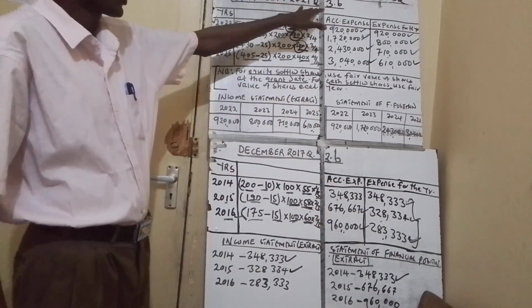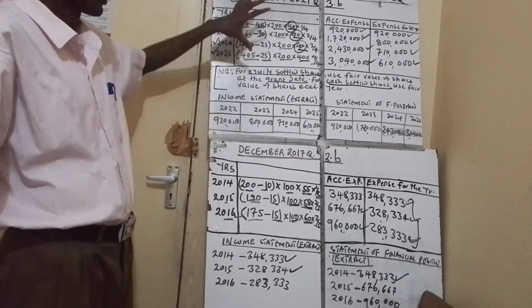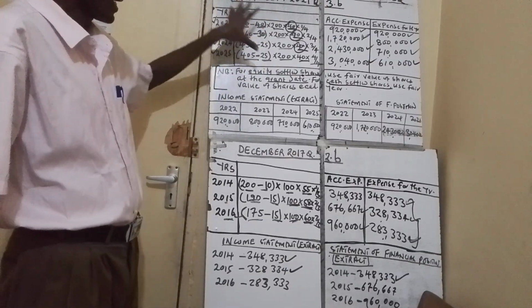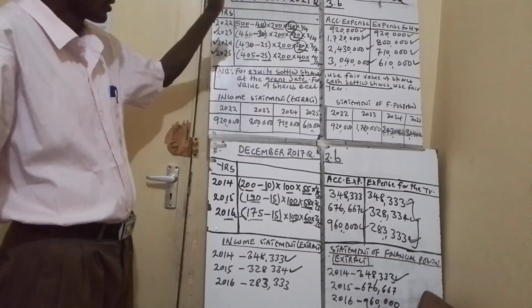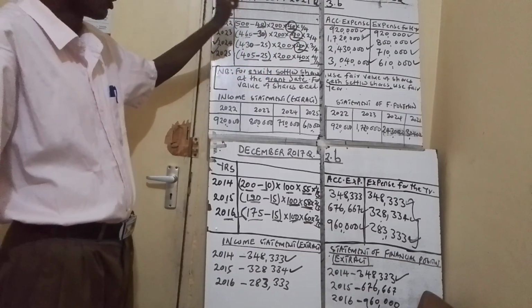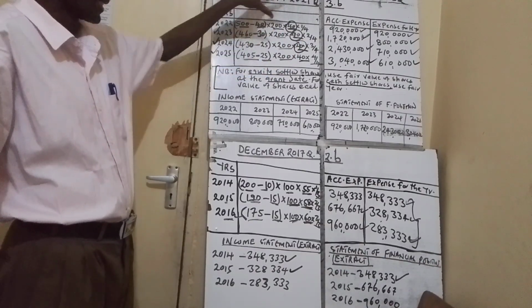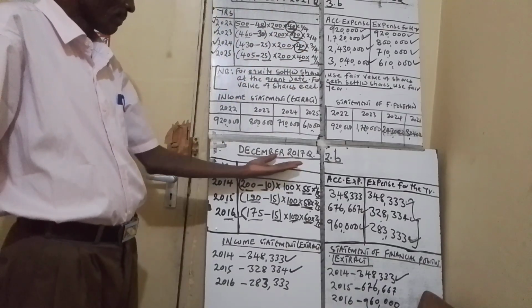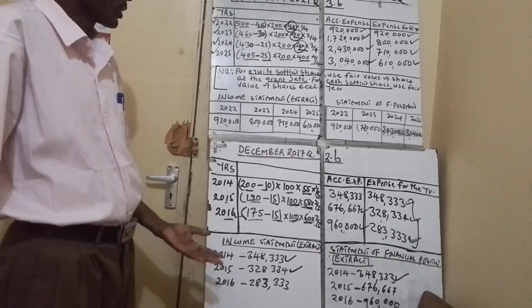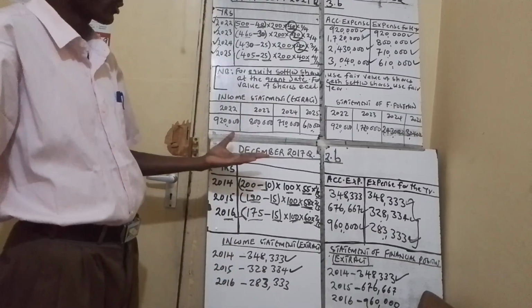For September 2021, question 3B, this is equity settled shares, and you can see we are using the fair value of shares at the grant date, which was 40. Then you look at December 2017, which is cash settled shares.